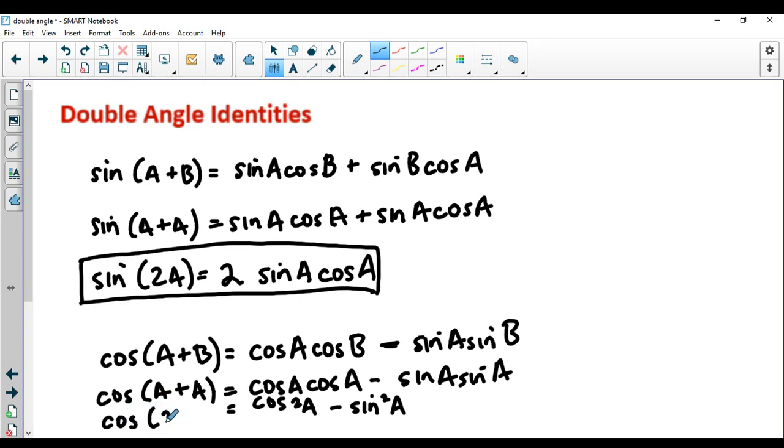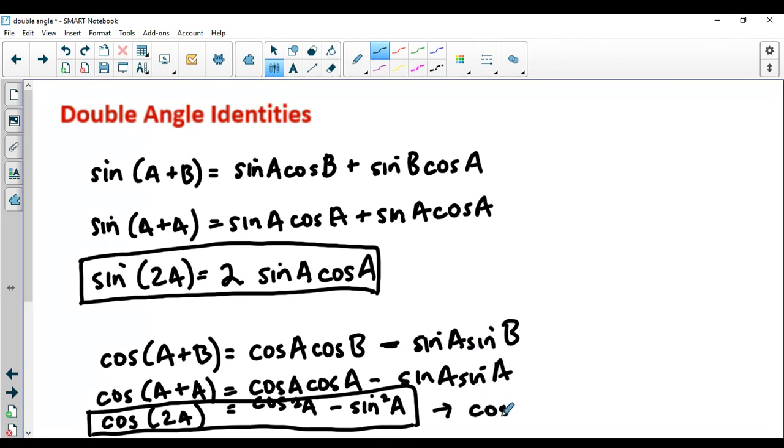So the cosine of a double angle is the same as, I'll write these in a minute, the cosine of A squared minus the sine of A squared. I'm just going to remind you that this is a difference of squares.